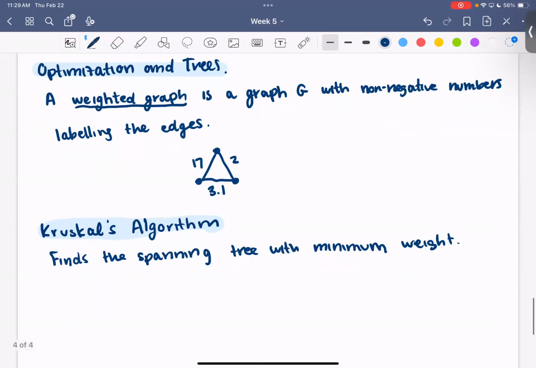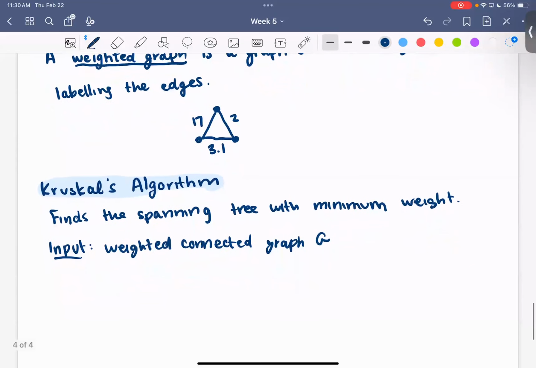So our input is going to be a weighted connected graph G, and the output is going to be the spanning tree with minimum possible total weight in G.